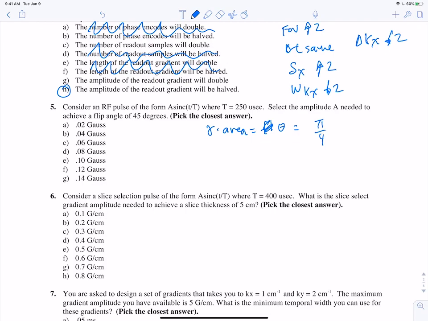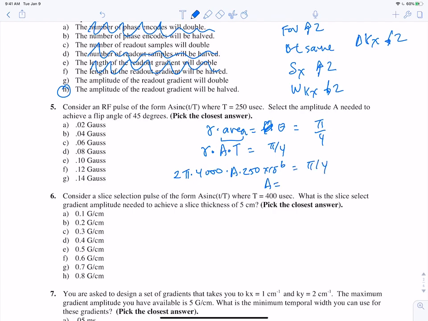Okay. And the area of a sinc is just gamma times its amplitude times its first zero, t. Okay. And we want that equal to pi over 4. So gamma is 2 pi times 4,000 times A times 250 times 10 to the minus 6.